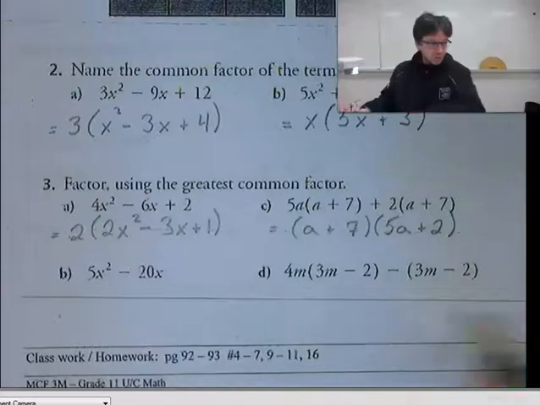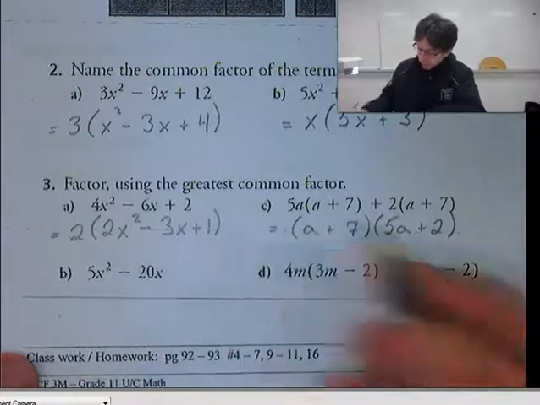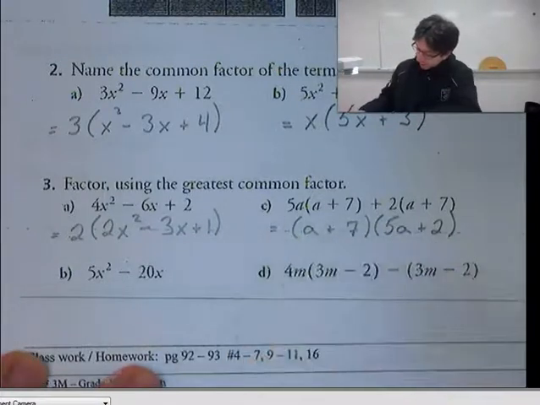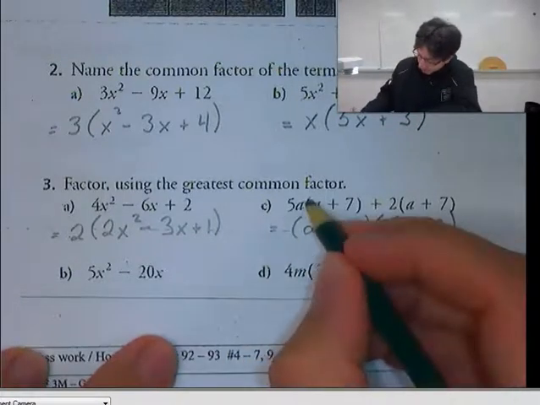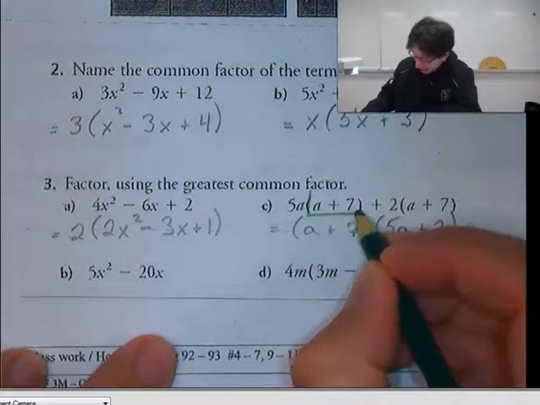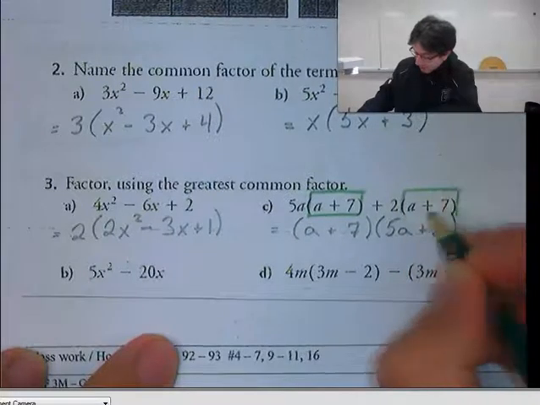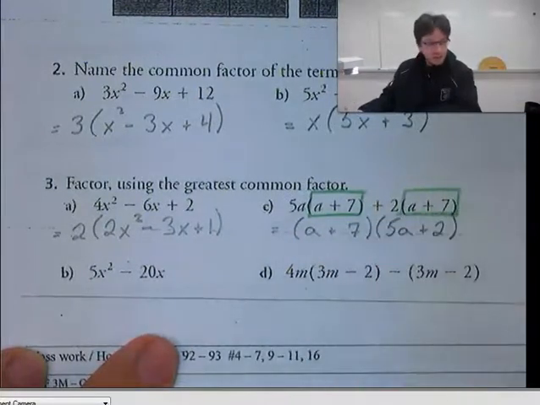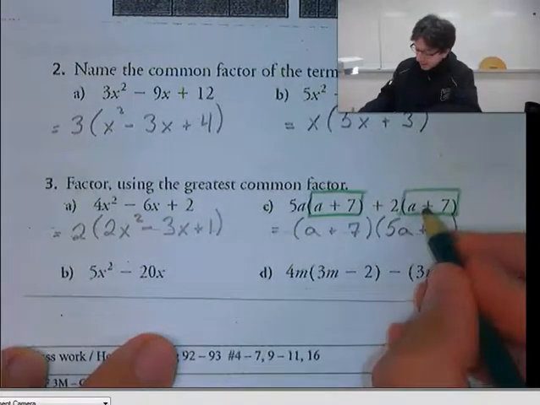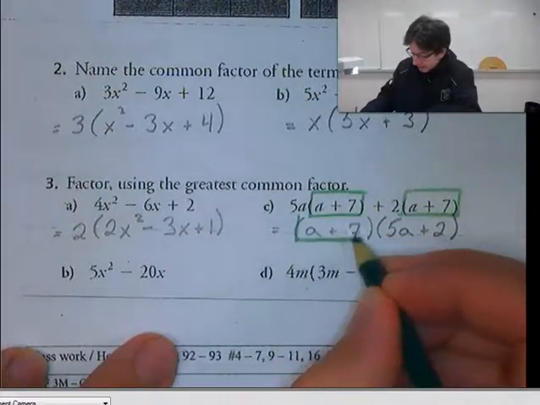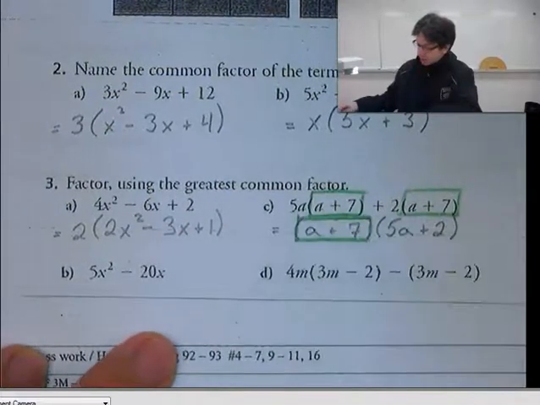So for C, when you're looking for a common factor, you could notice that the brackets are identical. So the brackets themselves appear in both terms, meaning they're a common factor. So we can take that bracket and take it completely out. Okay.